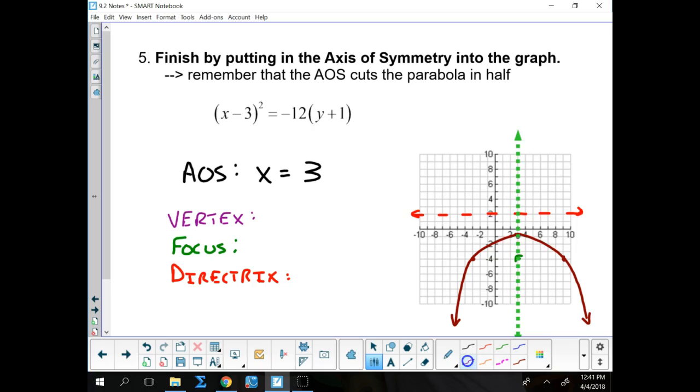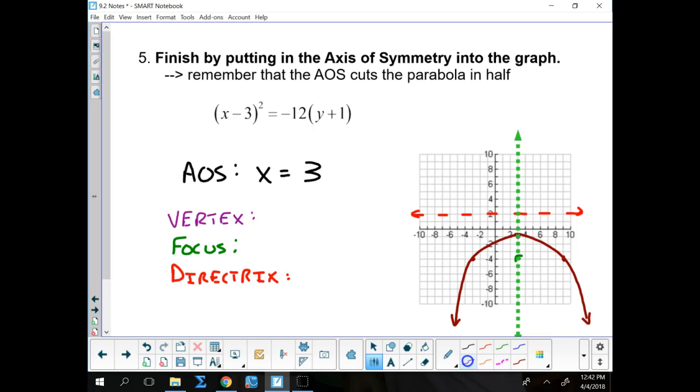On the quiz that I am planning on giving next week, Thursday, there will be a spot for you to answer all 4 of those questions to go along with this graph.